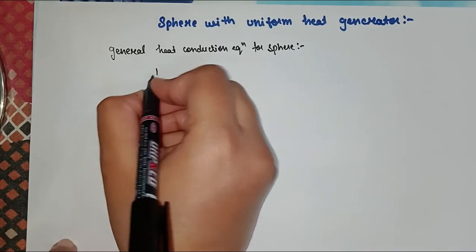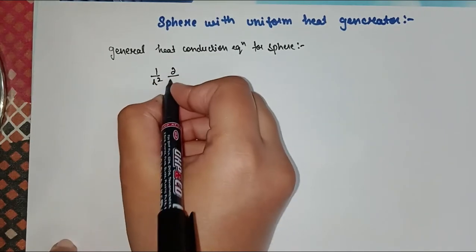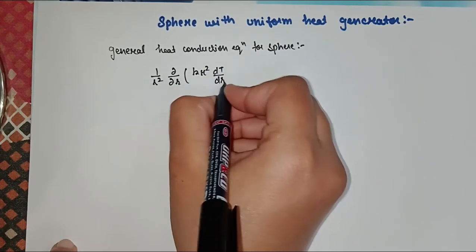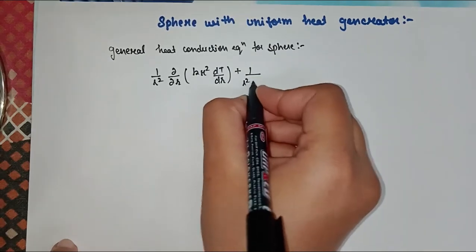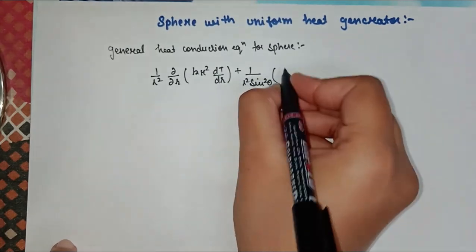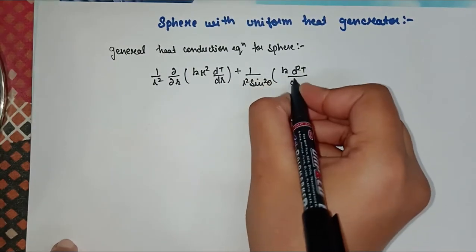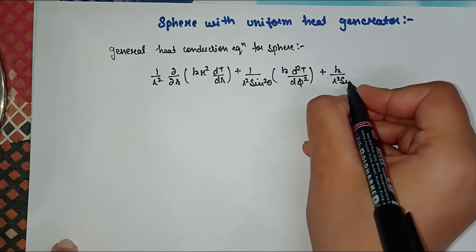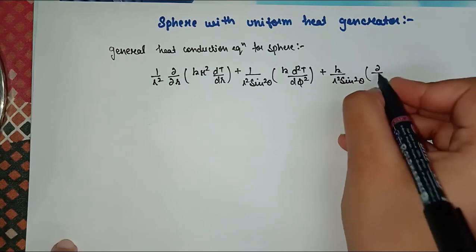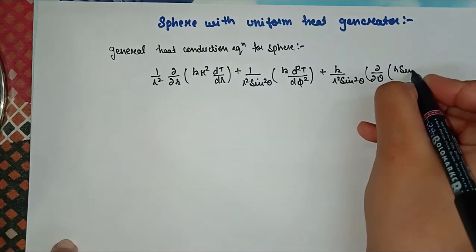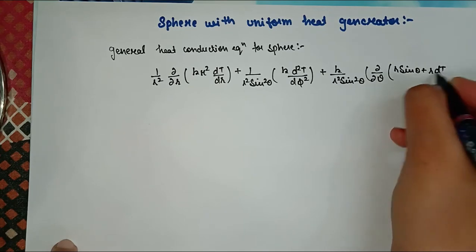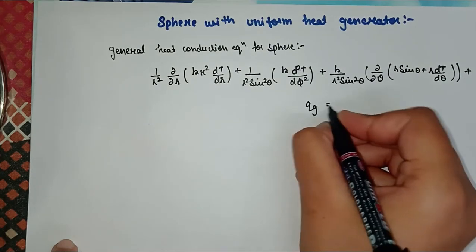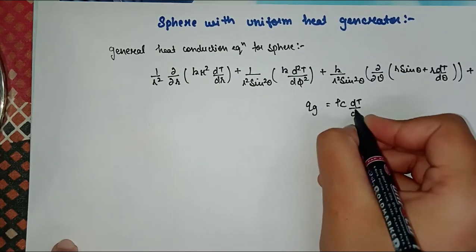The equation is 1/r square del/del r of (k r square dT/dr) plus 1/(r square sin square theta) k d square T/d phi square plus k/(r square sin theta) del/del theta of (sin theta dT/d theta) plus qg equals rho c dT/d tau.